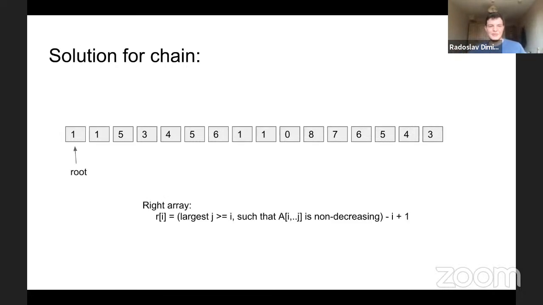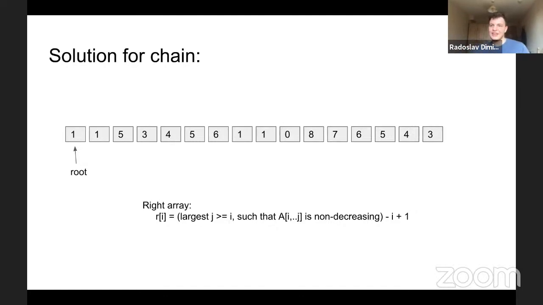Similarly, we would have a right array, which I guess you already figured out what it represents: it's the largest j greater than or equal to i such that the array from i to j is non-decreasing, minus i plus 1, which is the length from a certain position to the right of the largest subarray such that it's non-decreasing.